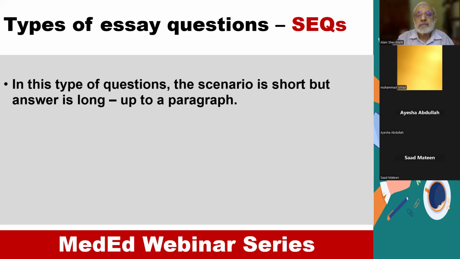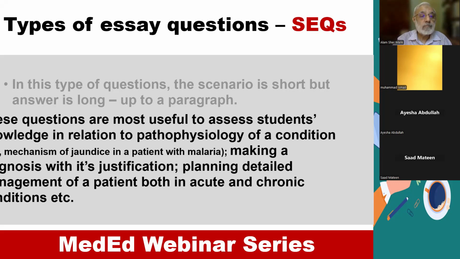Talking more about short essay questions: in this type of question, the scenario is short, but the answer is long. Usually, as I said earlier, in a short answer question, the question is long and the answer is short. But in this case, we can have a shorter scenario with multiple questions.